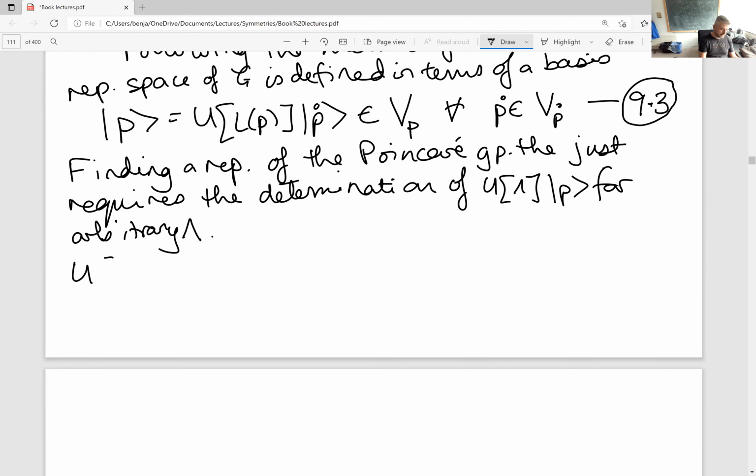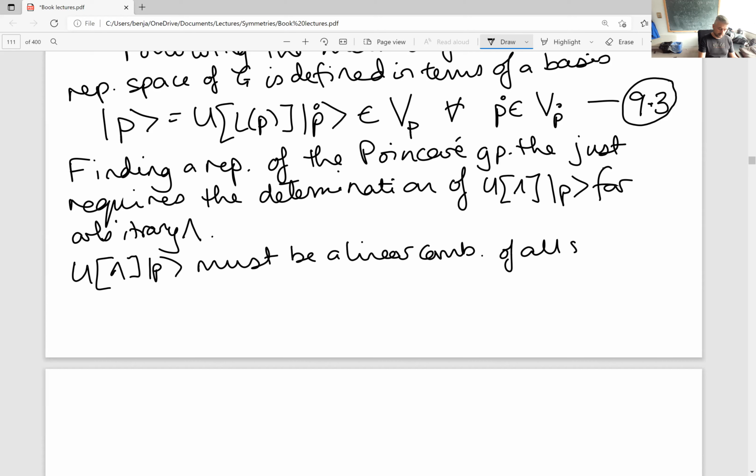So this unitary operator acting on our states must be a linear combination of all states in the vector space. So let's call that P prime, where P prime is related to P by a Lorentz transformation.